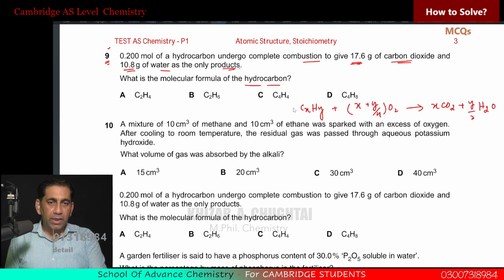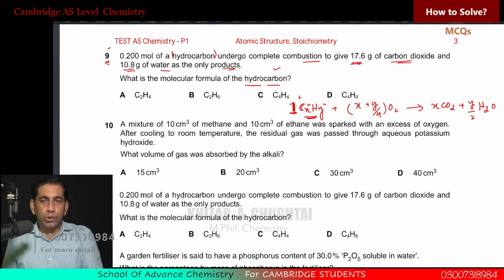So the first thing is to write this general combustion equation for hydrocarbons. The second thing is that you will balance this equation with respect to 1 mole of the hydrocarbon and find the answer of x and y.